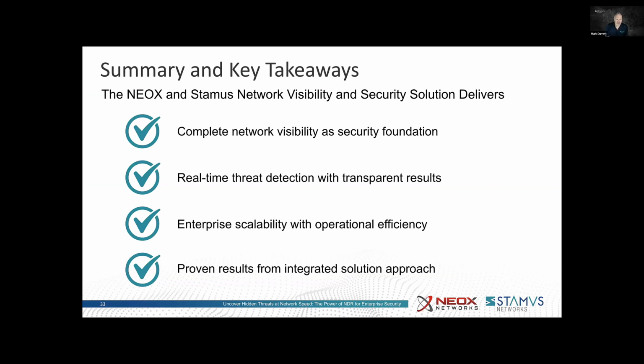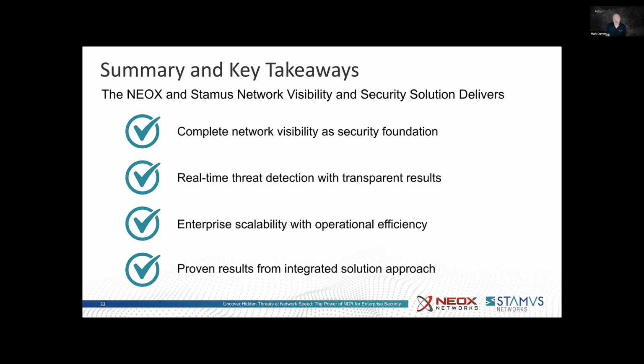And we talked about no SPAN, no mirror ports, and there are so many reasons for that, not the least of which is that those deployments drop packets, so you don't really get all the visibility. And then, of course, scalability is another really important reason to do that and build that foundation on taps and network packet brokers and aggregation systems, all to get that foundation settled in one or two or three points in your network.